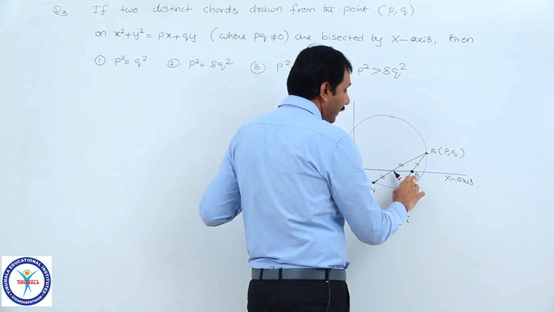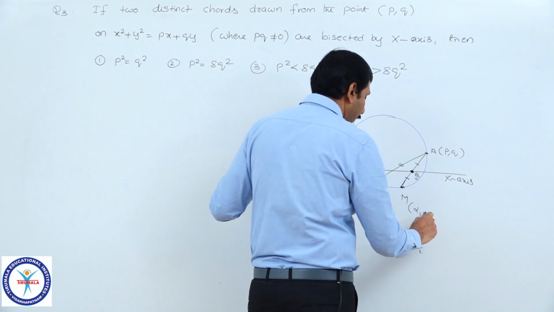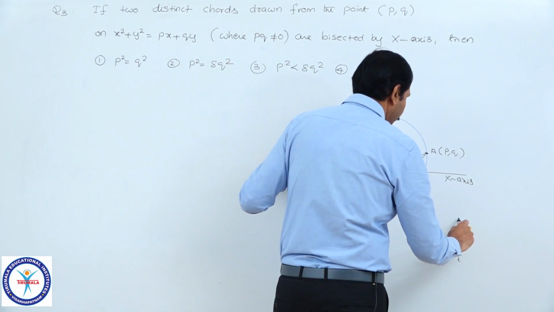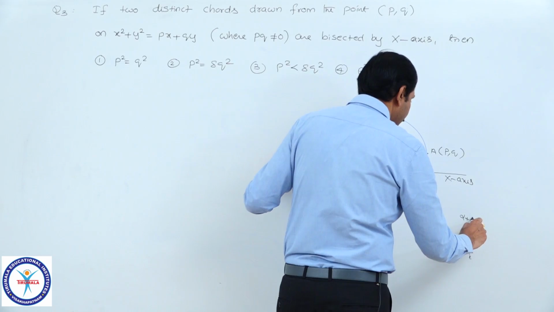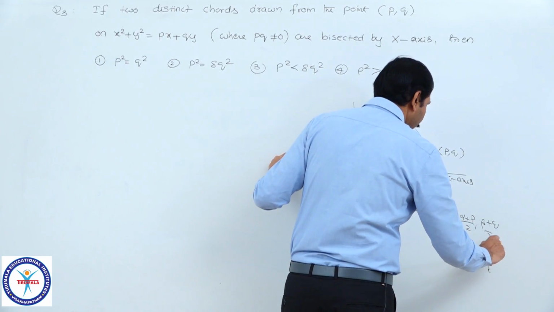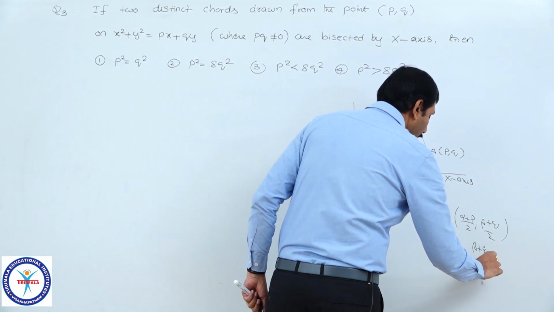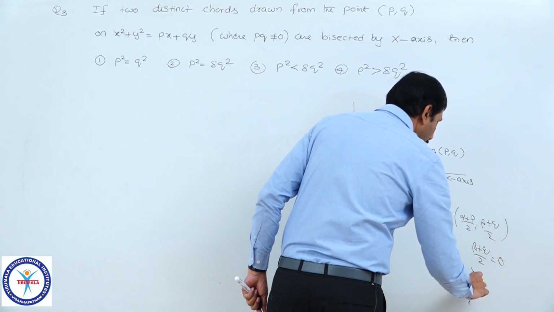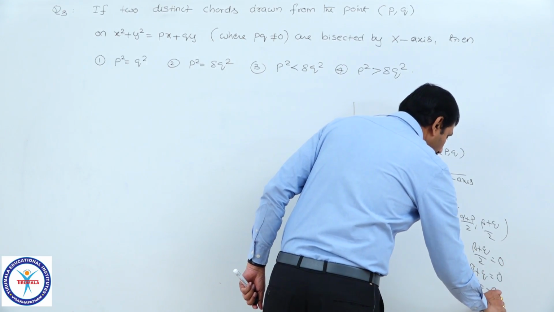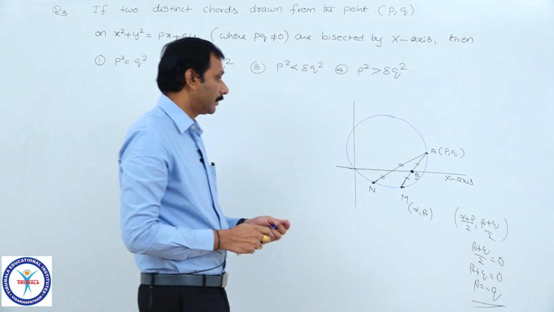Y coordinate of this equal to 0 means, suppose if I take it is alpha comma beta, now what will the midpoint become? Alpha plus p by 2 comma beta plus q by 2. Beta plus q by 2 should be 0, or beta plus q equal to 0, beta equal to minus q. Notice this point.